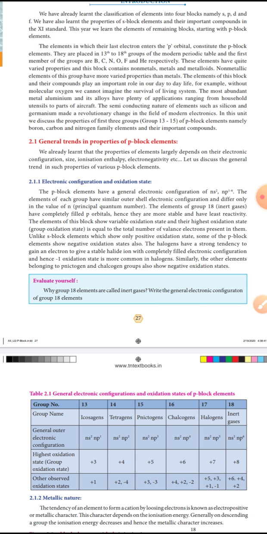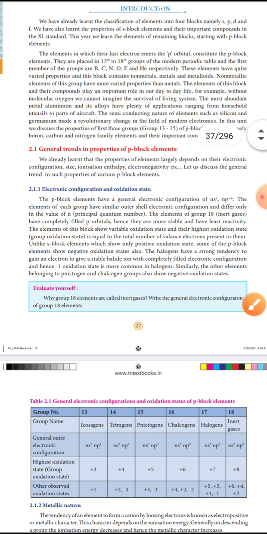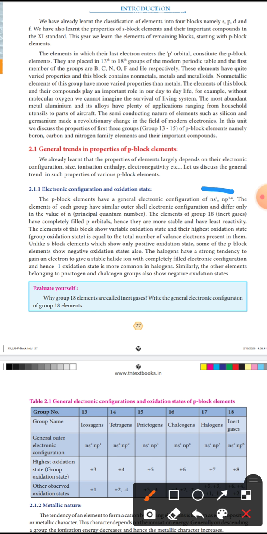The general electronic configuration of p-block elements is ns2 np1-6. The s orbital occupies only 2 electrons, so ns2. The p orbital occupies 1 to 6 electrons.